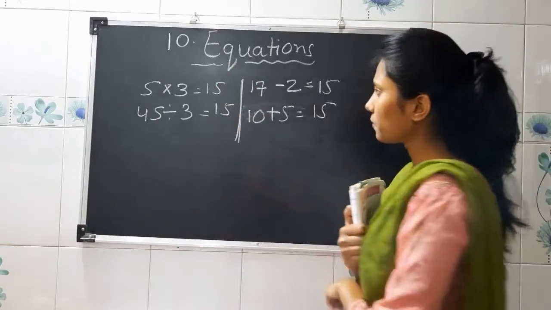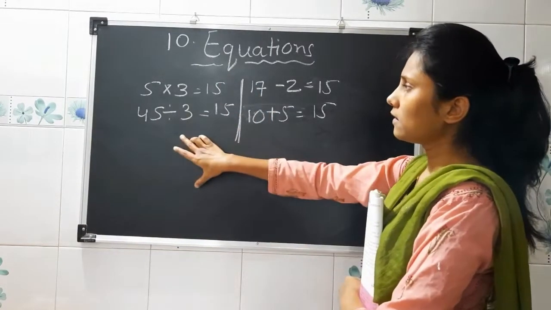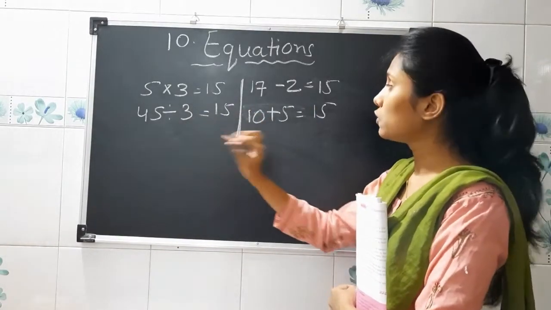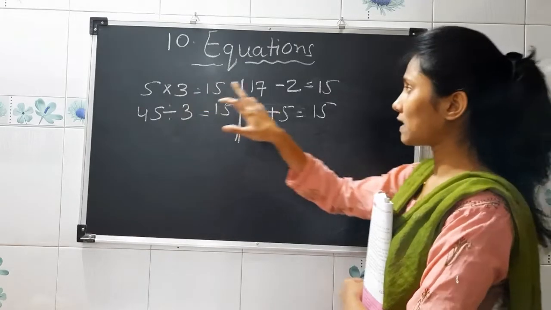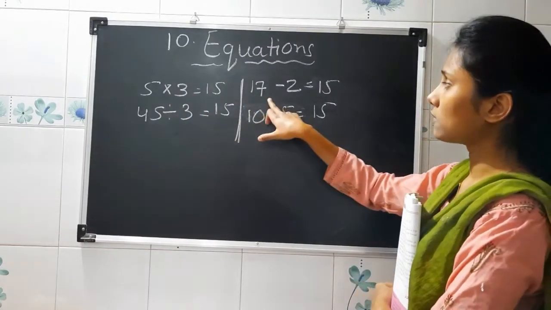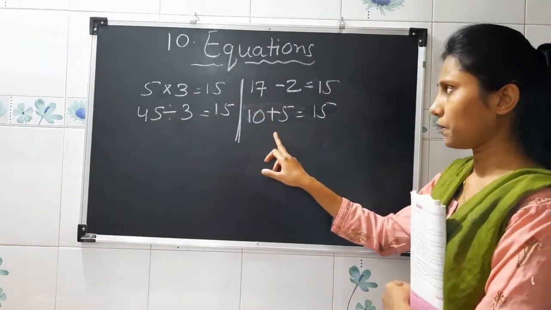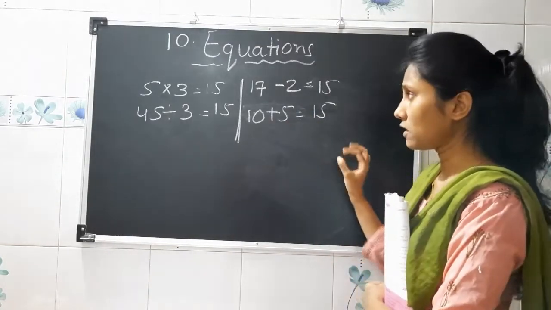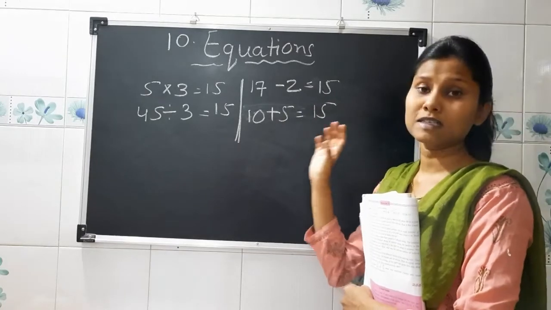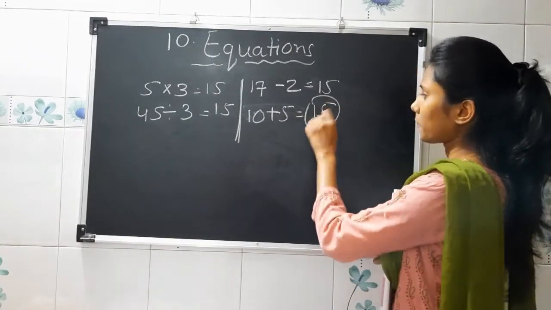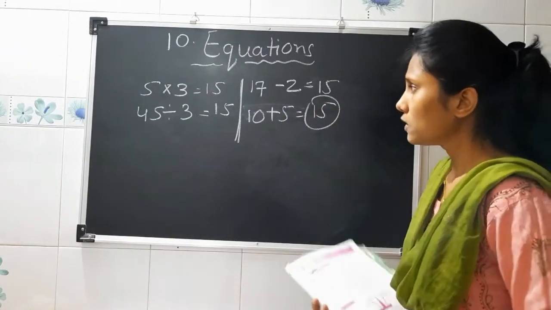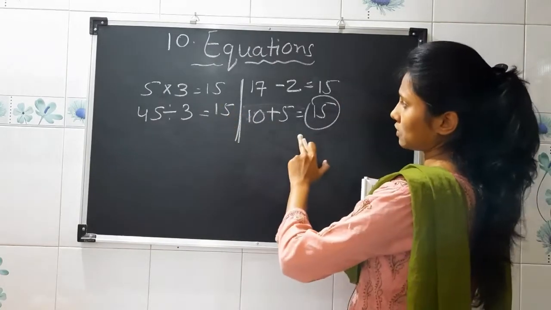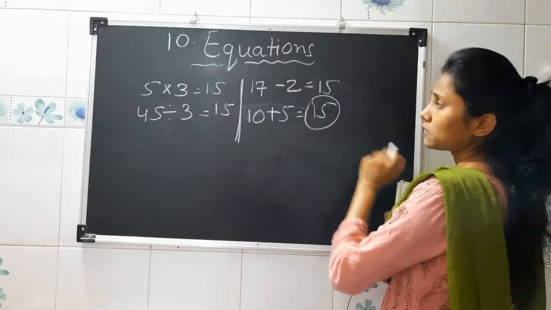So here you can see there are 4 different types of mathematical operations used. First is multiplication, second is division, third is subtraction, and the last is addition. So using all these different mathematical operations, we are getting the same answer, 15. In such a case, all the expressions give you the same answer, that is 15.